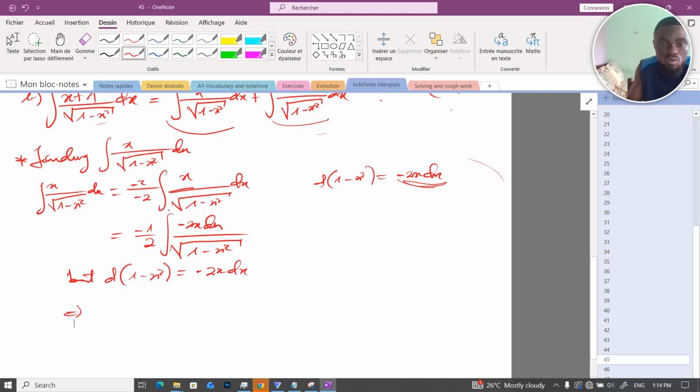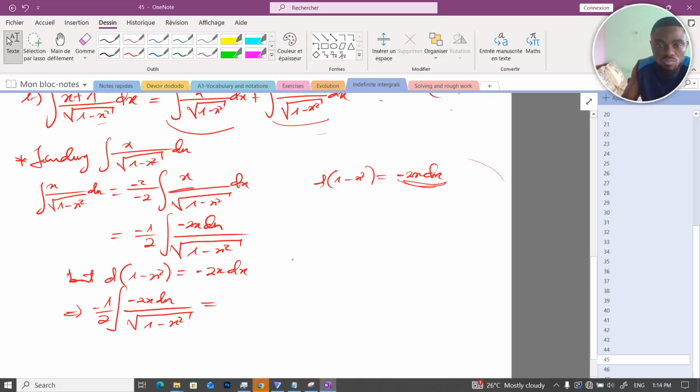This implies, I'll copy all of this, minus a half integral of minus 2x dx all over the square root of 1 minus x squared will be equal to what? I replace minus 2x dx.